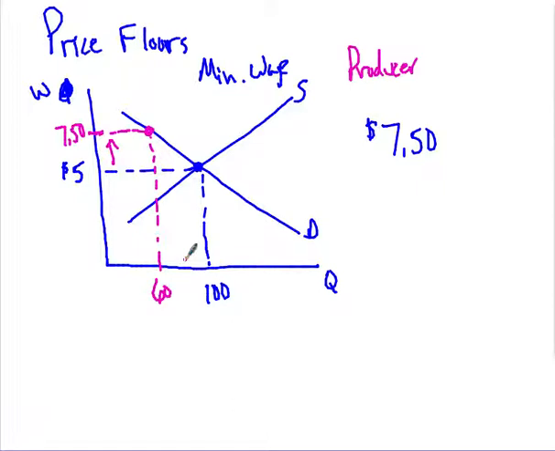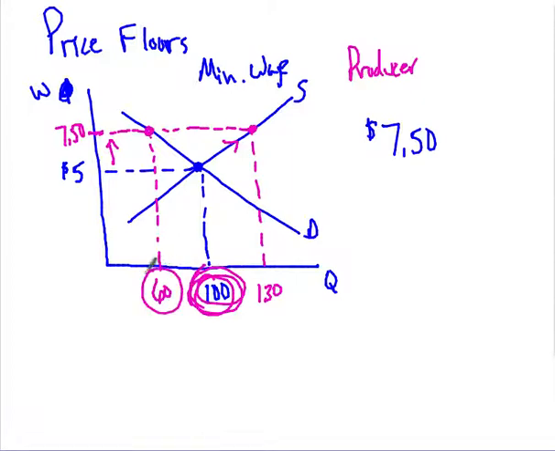Let's say the quantity demanded of workers would drop to 60, but at a price of $7.50, more people show up that want to work. Let's say 130 people. So the net result is initially we had 100 people employed, but by raising the minimum wage, we actually lowered the number of people working by 40.